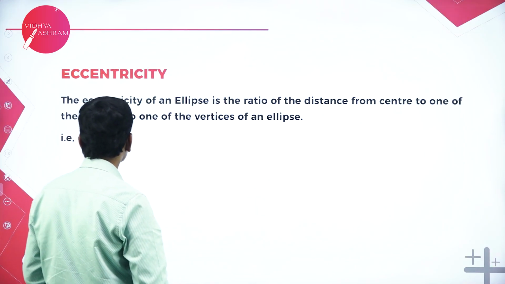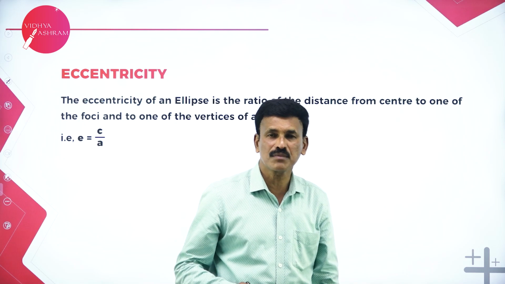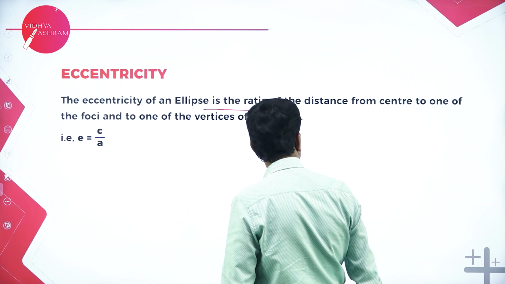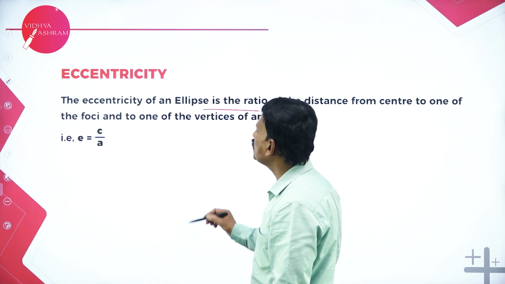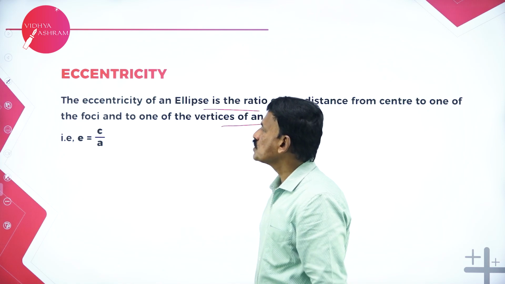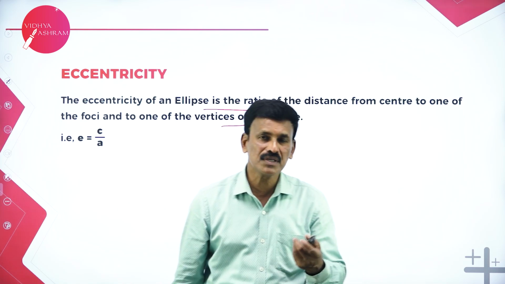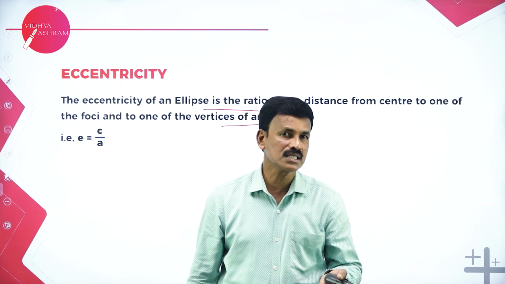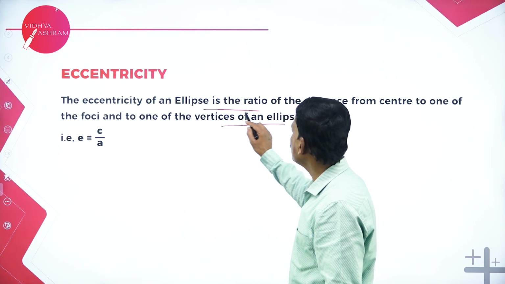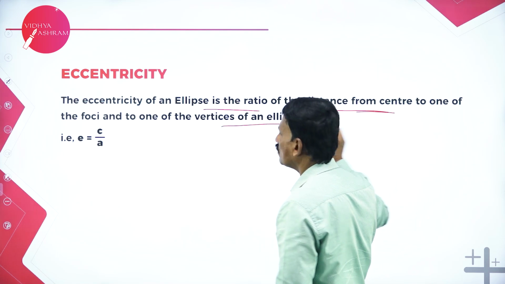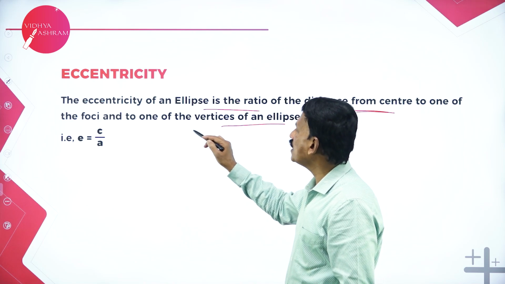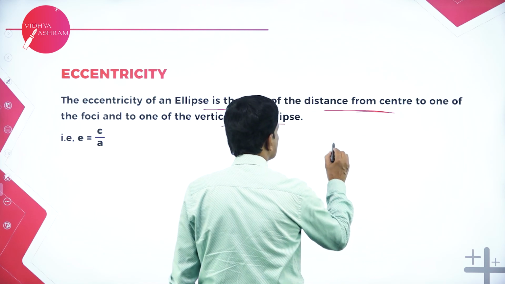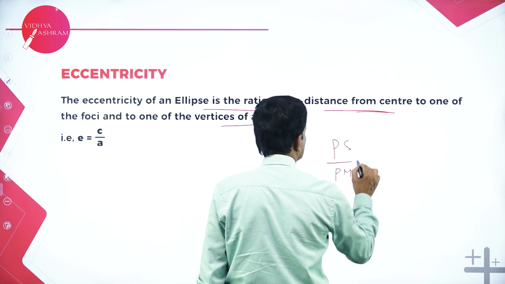Now, by knowing this, let us learn a very important concept, that is eccentricity. The eccentricity of an ellipse is the ratio of the distance from the center to one of the foci and to one of the vertices of the ellipse. So, that is E is equal to C by A. In the previous class itself we discussed eccentricity: PS by PM is called the eccentricity.